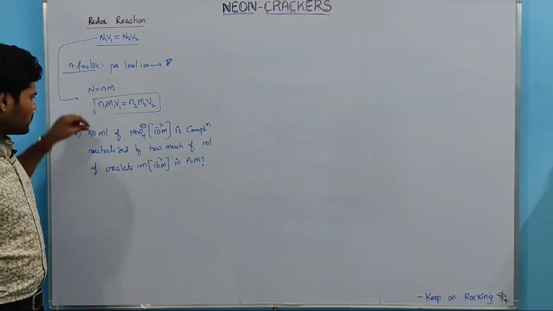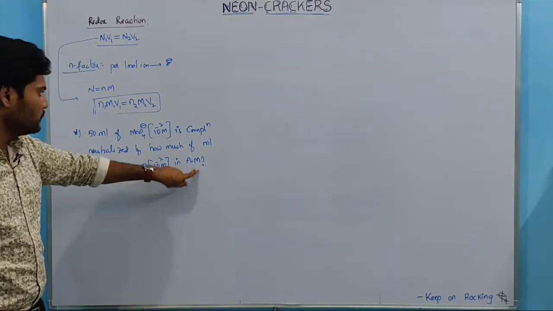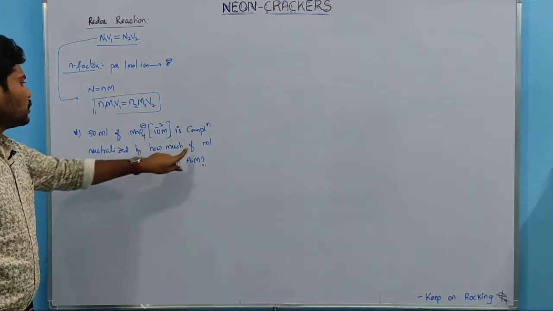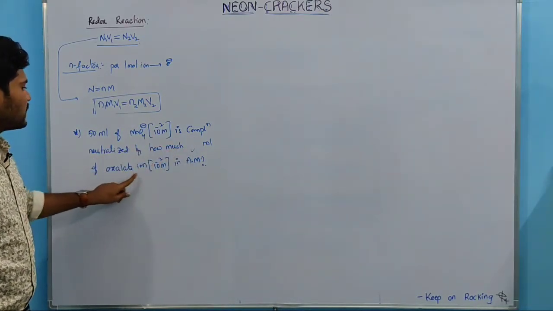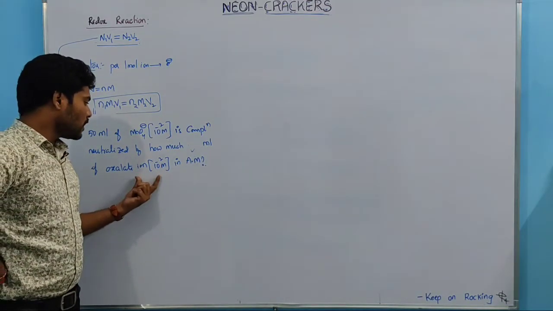So 50 ml of potassium permanganate in acidic medium is completely neutralized by how much ml of oxalate ion. So what they are asking here is the volume of the oxalate ion.